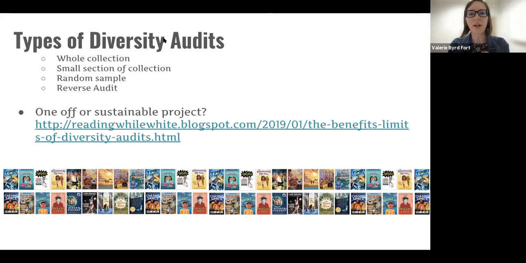So when I started my first year, I did a diverse book audit of the books that we have given away since 2005 and the books that we have read aloud since 2005. Now, it was not perfect because record keeping has been up to graduate assistants each year. So sometimes I had the books that we've read aloud, sometimes I didn't. Sometimes I know what books we've given away, sometimes I didn't.